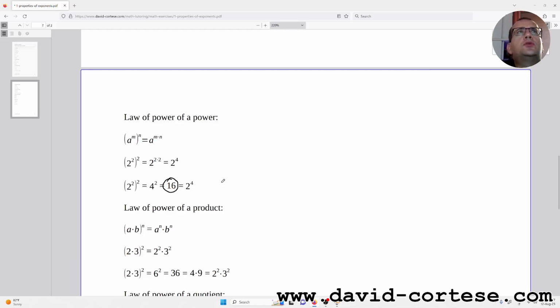Because 2 raised to 2 is basically 4, so it's 4 raised to 2. And 16 in fact is 2 raised to 4.